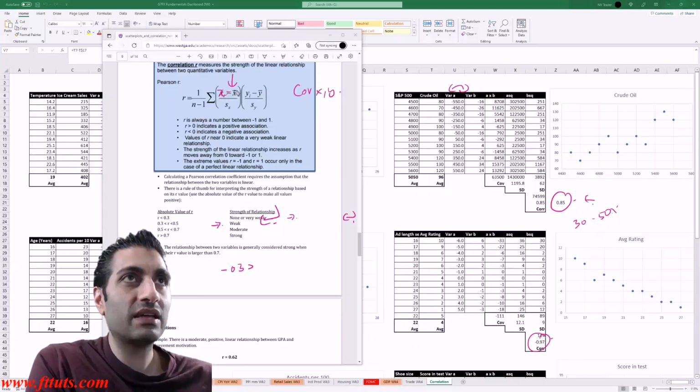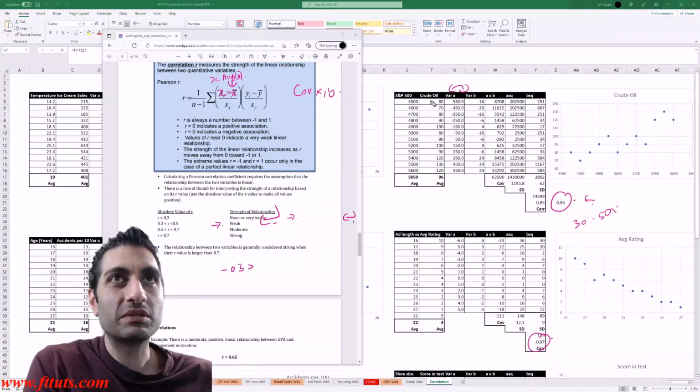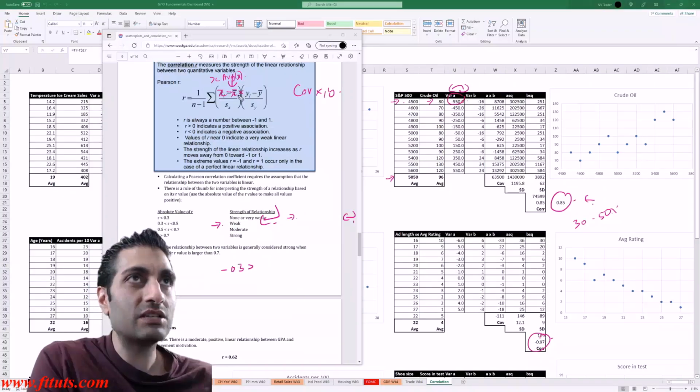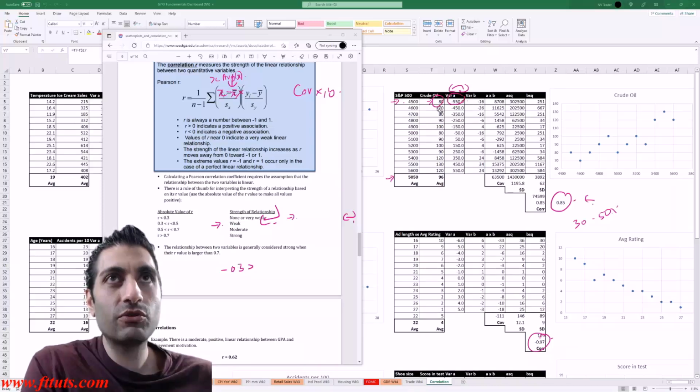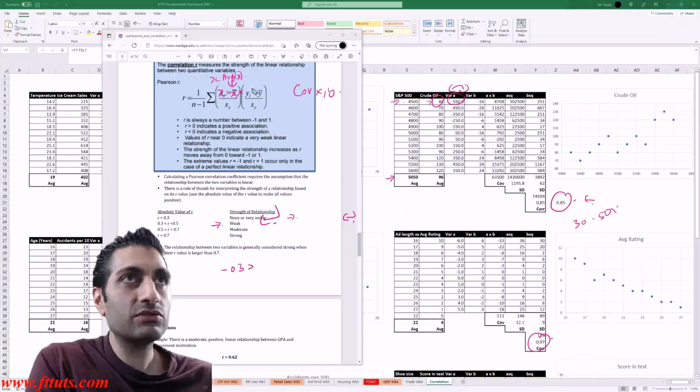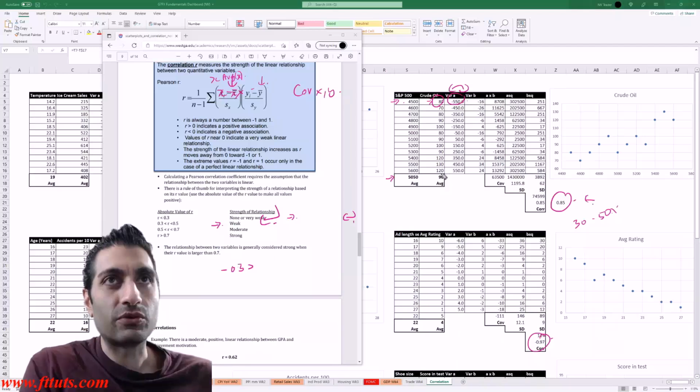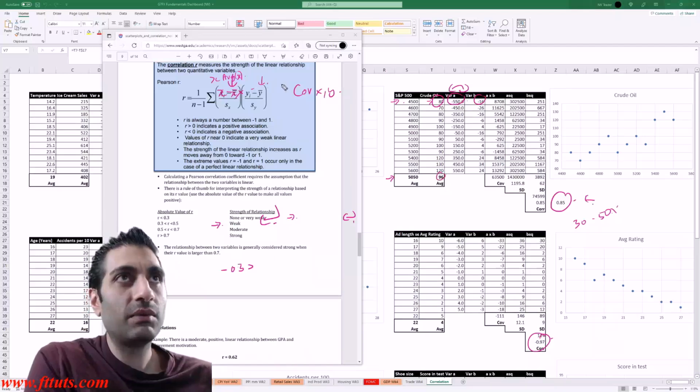X minus x bar is just x minus the average of x. That's what we've been doing. We're taking x, S&P, minus the average. That's variance A. And you'd be multiplying it by y, which is crude, minus the average of crude, which is 96. And then multiplying them together, that's simply the covariance.